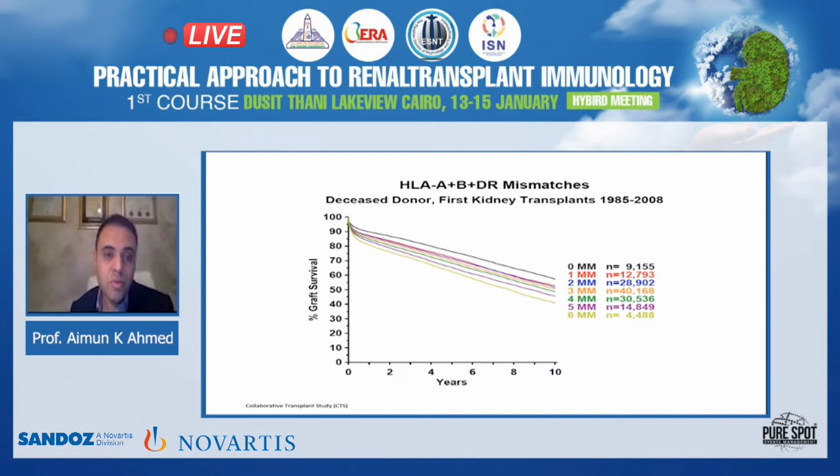A 6 mismatch would have poorer graft survival compared to no mismatch in HLA. It is still transplantable, but we need to be aware of the poorer graft survival and take into consideration the recipient's age.